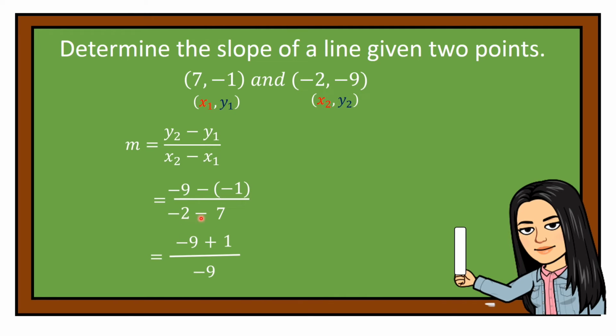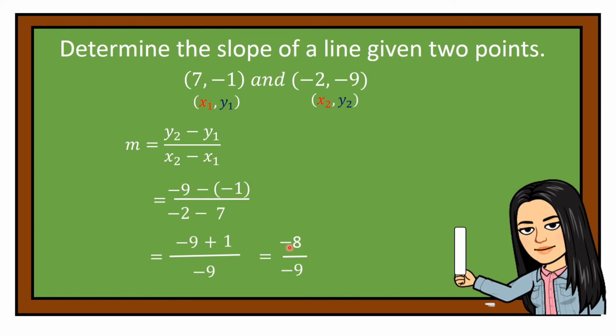Since they have same sign, so we can now add 2 and 7 and then copy negative sign. Okay, and then that would be equal to negative 9 plus 1, different signs, subtract. So, this will be equal to negative 8. So, we copied the sign of the bigger number. So, that's why the answer is negative 8 over negative 9.